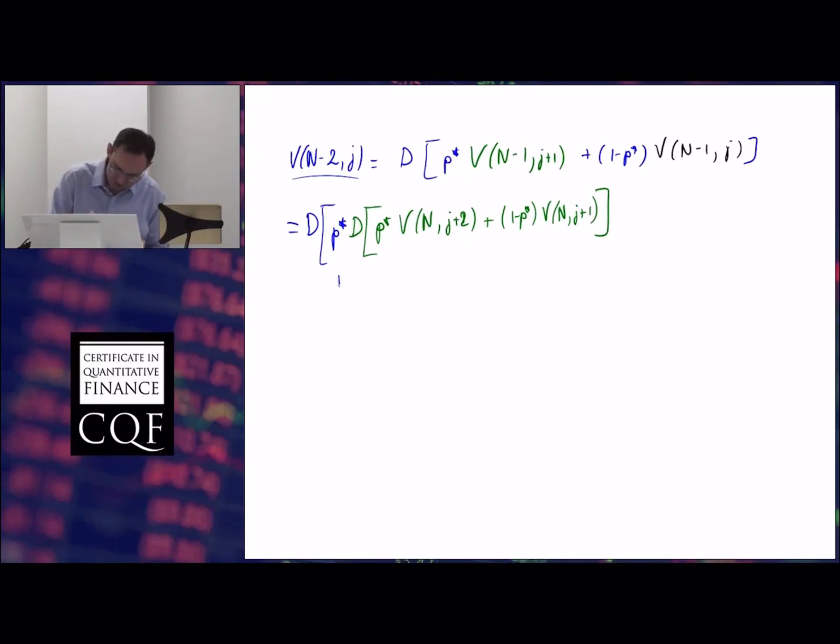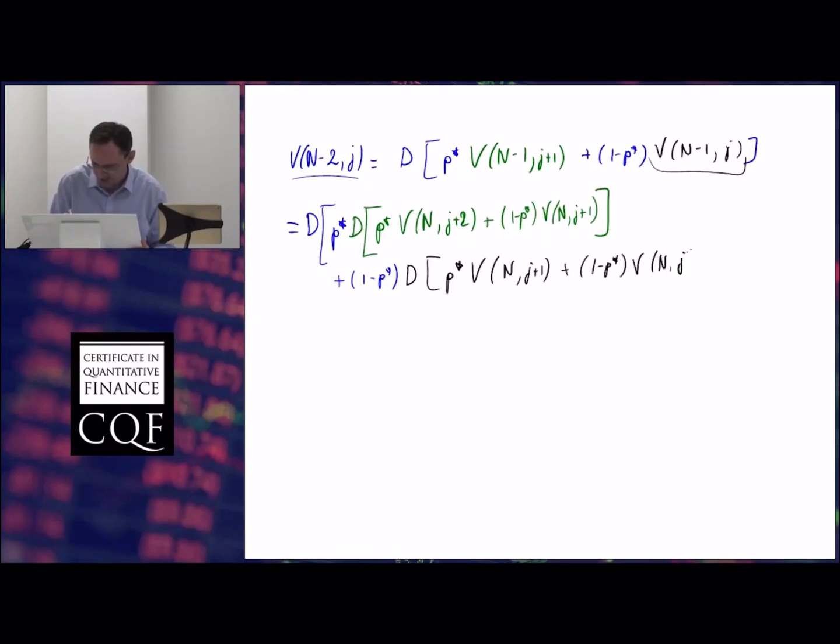Now we look at the second term, plus 1 minus p star multiplied by the black thing. When you plug in the one-period binomial formula into that, you get D multiplied by p star V_n,j+1 plus 1 minus p star V_n,j.